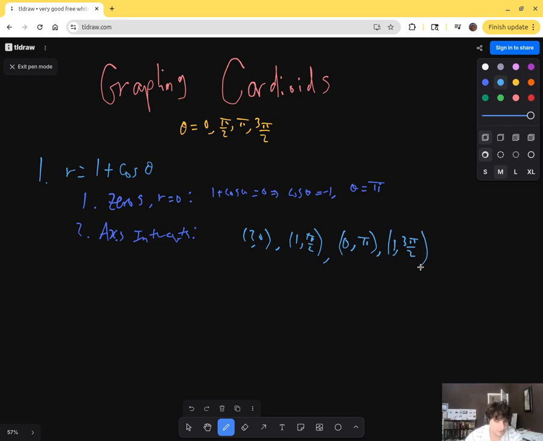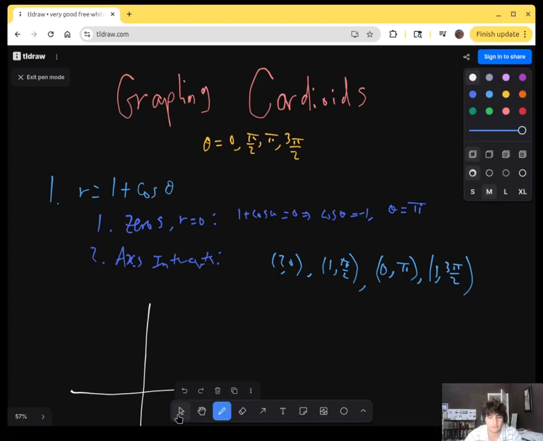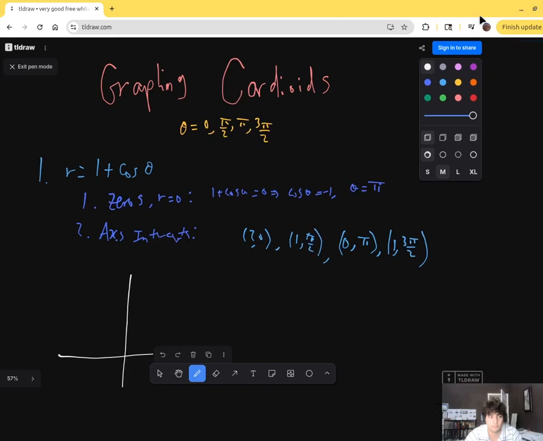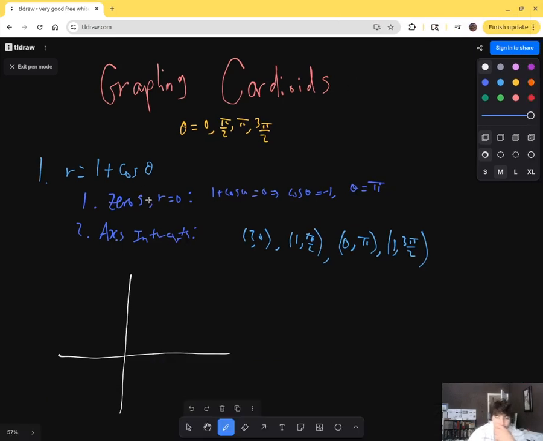So now let's go ahead and graph this. All right, so this is going to basically be a heart-shaped curve. So there's a 0.